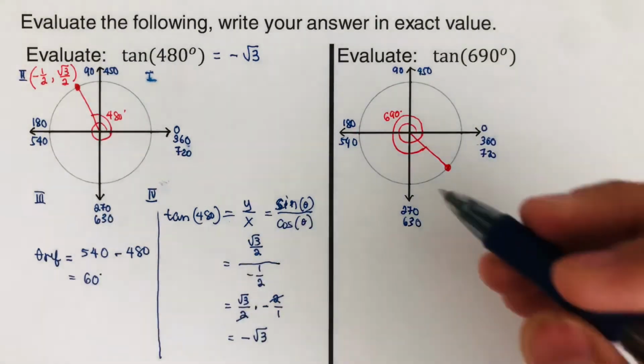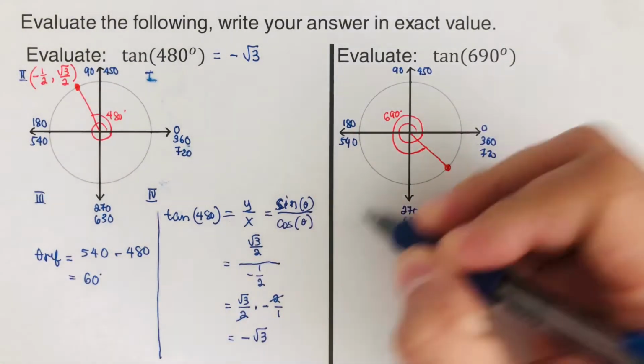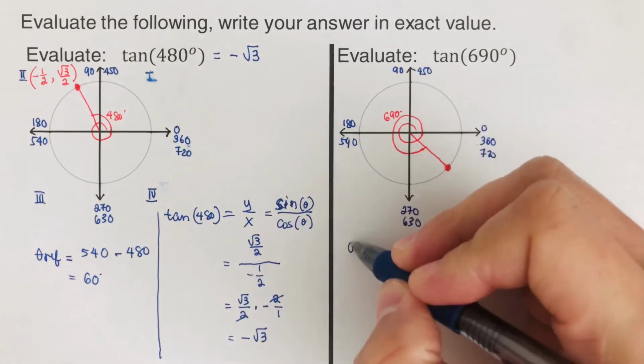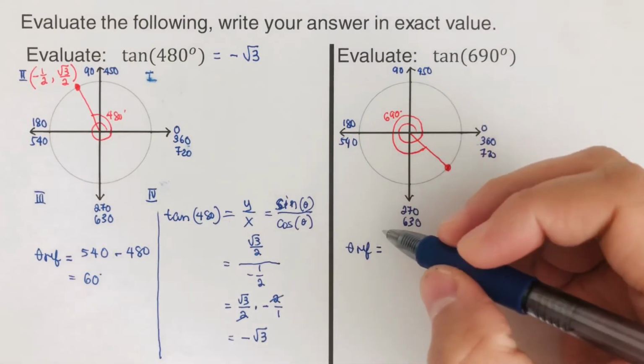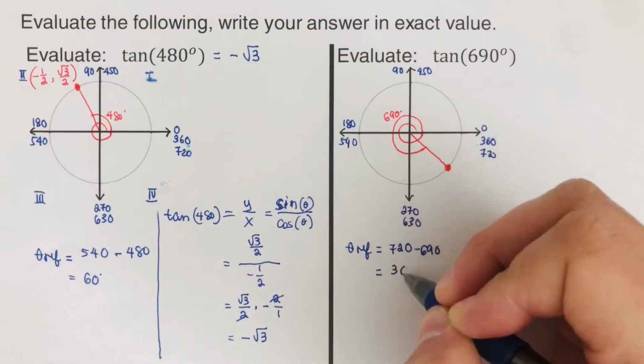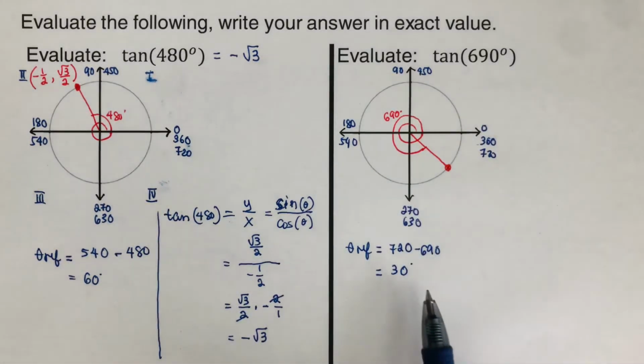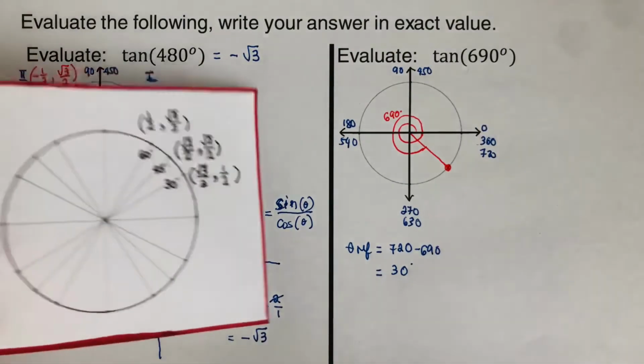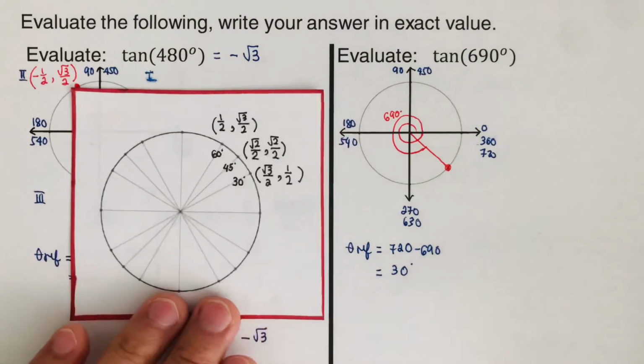I'm going to show the work here on how to determine the reference angle, and this is in the fourth quadrant. Okay, so our reference angle is 30 degrees. So then we go back to the unit circle, and then we go to the reference angle.